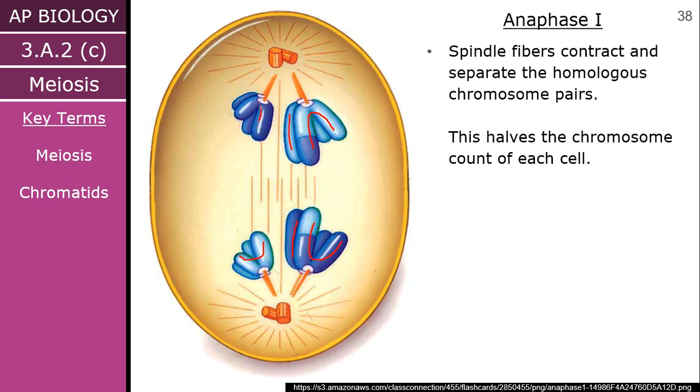Basically, as soon as they split, they become their own thing. And so now we call the self-contained chromosome what it is. Okay, so that chromatid, or what was a chromatid, is now a chromosome.